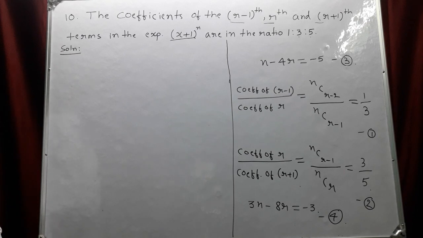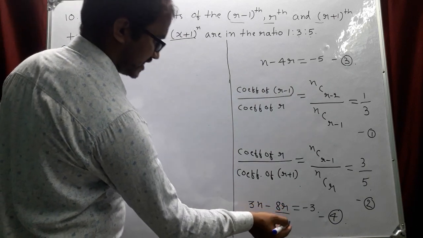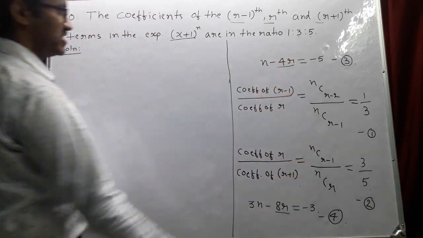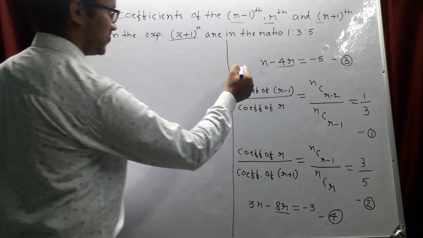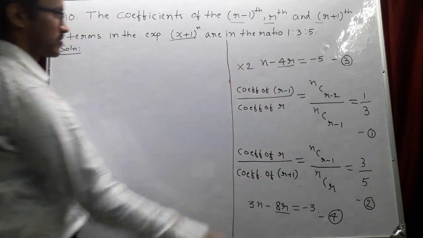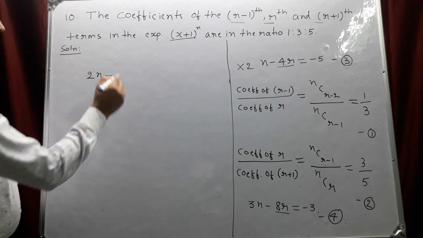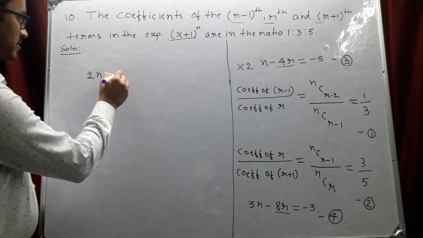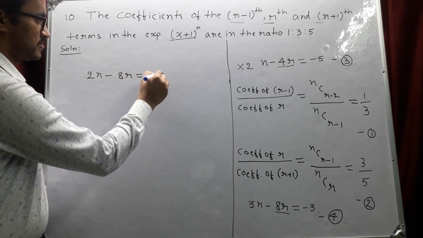Now solving equation 3 and 4. So see here, coefficient of r is 8 here, coefficient of r is 4. So let us make the coefficient of r same. So I will multiply this equation with 2. So what I will get? 2n minus 8r is equals to minus 10.